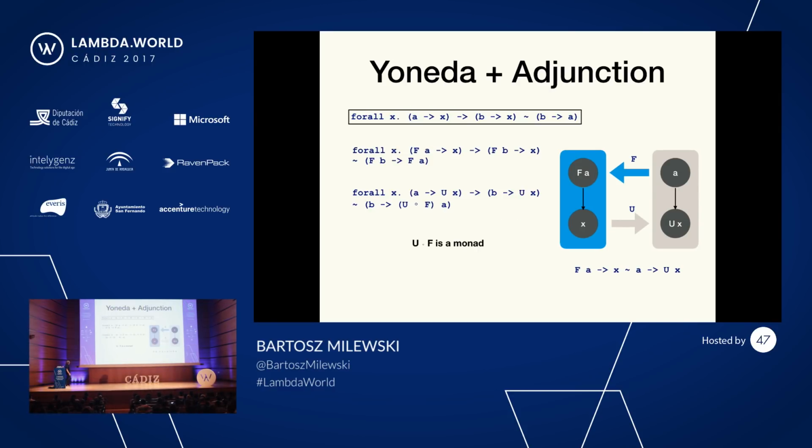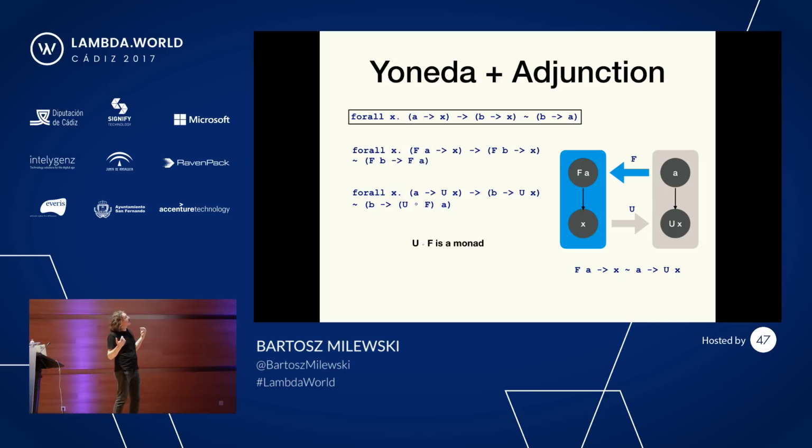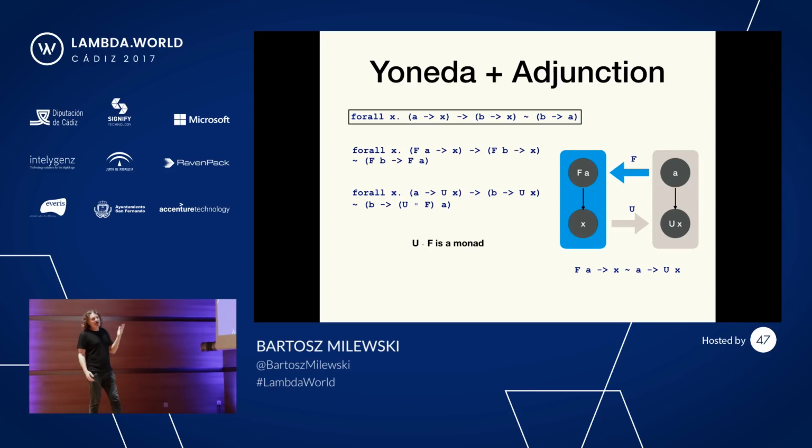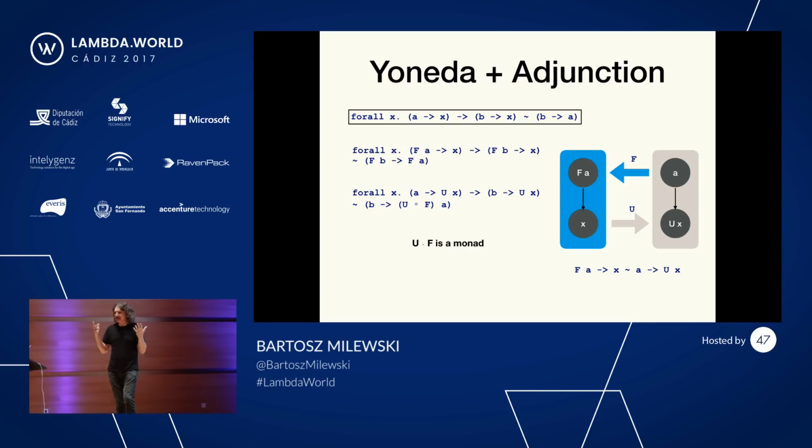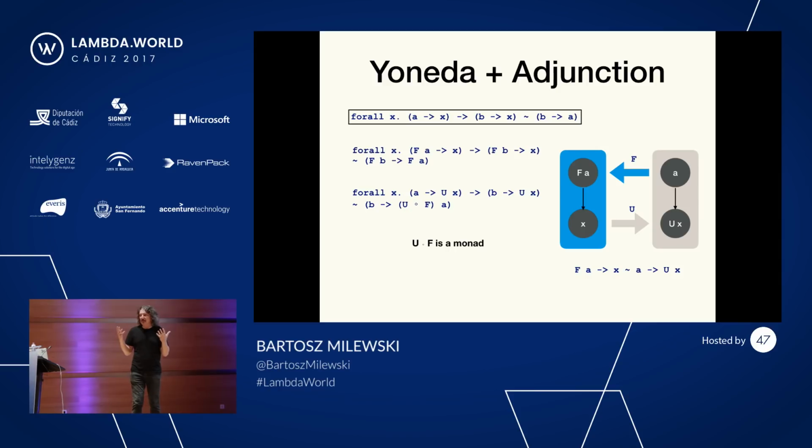So now I want to do a Yoneda and combine it with adjunctions, right? I wrote the Yoneda lemma above it. And remember, A and B are just arbitrary parameters, external things. I can pick something for A and pick something for B, okay?